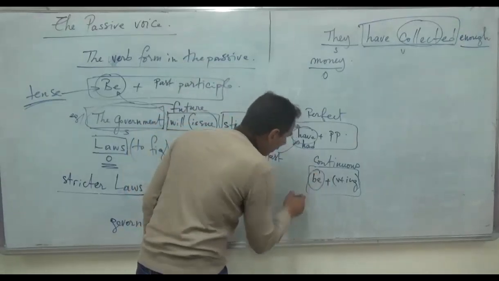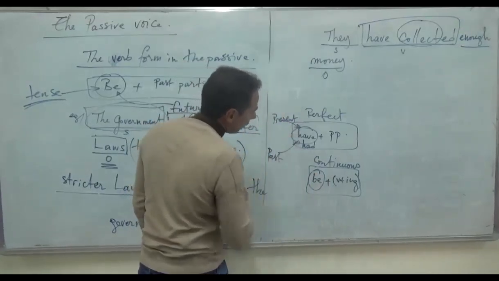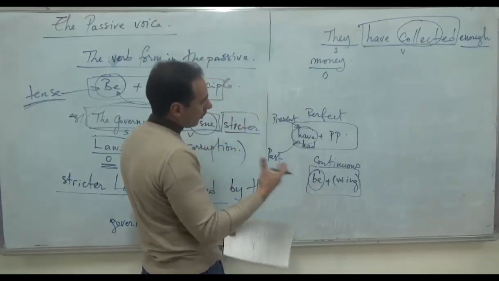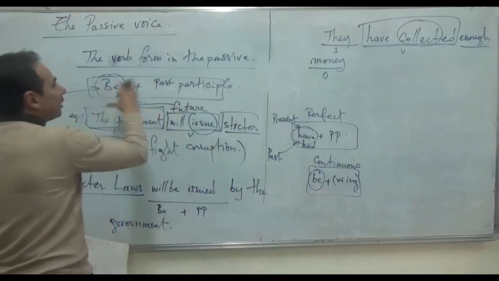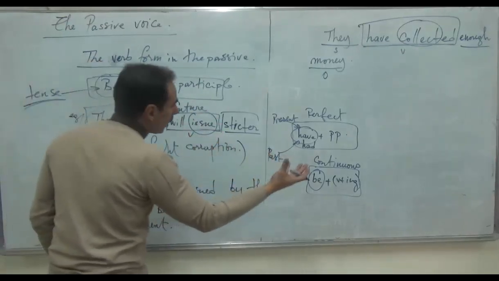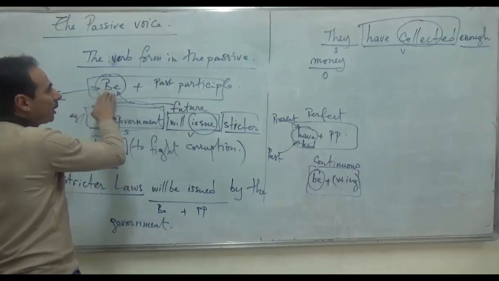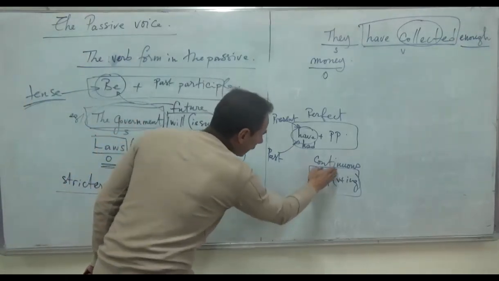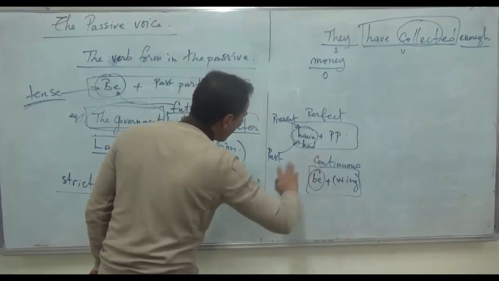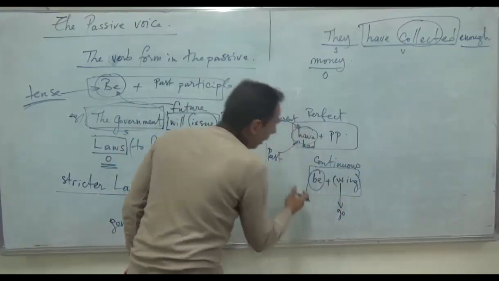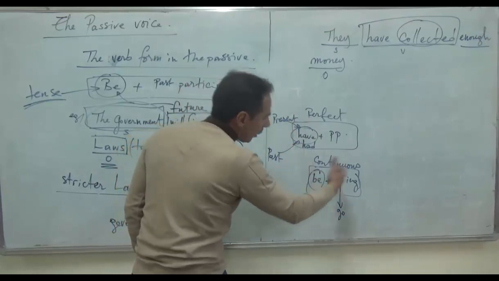Here also we have another auxiliary. You have the auxiliary to have, you have the auxiliary to be. Some of you can tell me that something is similar, but I can tell you that nothing is similar. To be here and here is different. This is to be for the continuous tense of any verb. Verb to go: I am, he is, she is going.